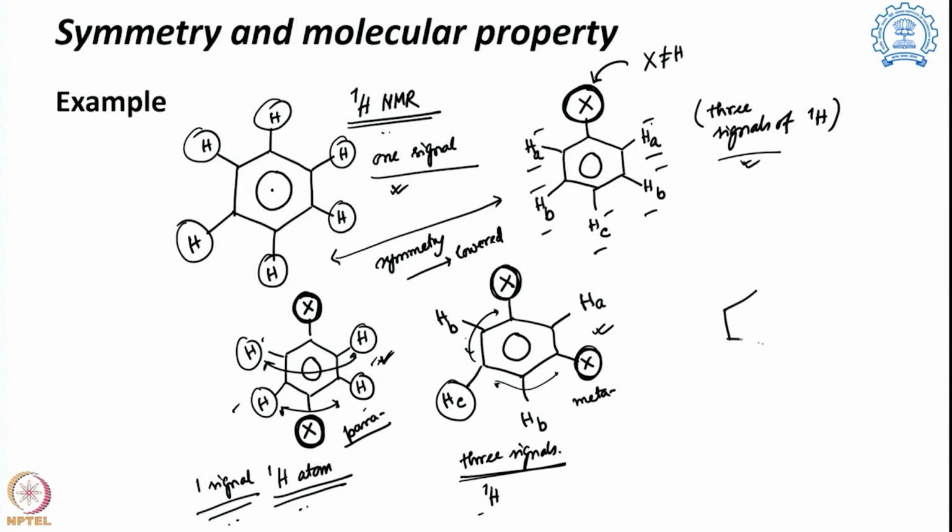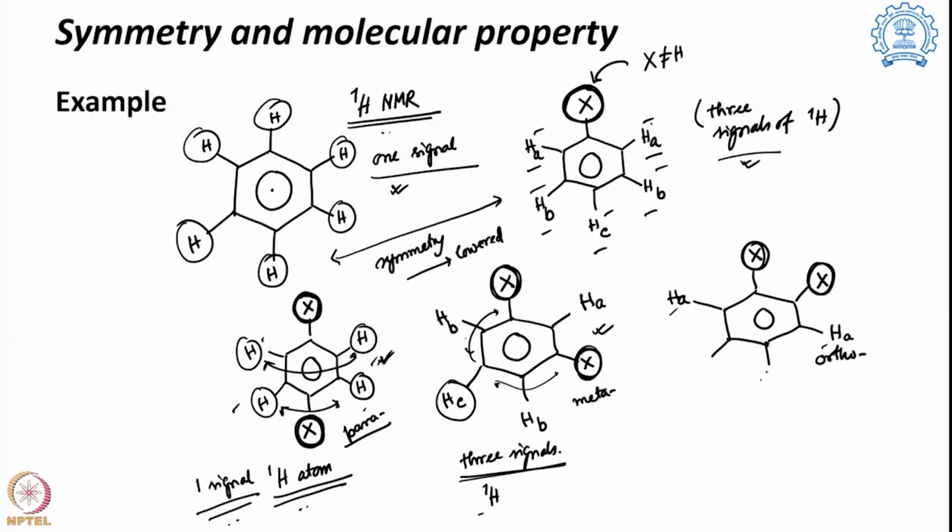And the last one, with the bisubstituted benzene, I can have them in the ortho position. And over here, how many signals are we going to get? Over here, this will be a hydrogen ortho to one and meta to the other, same for this one.